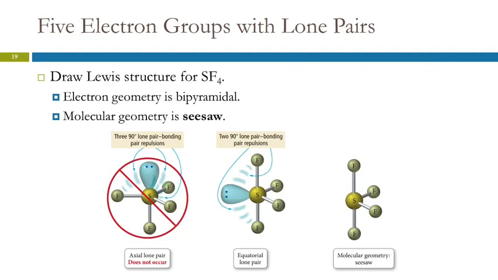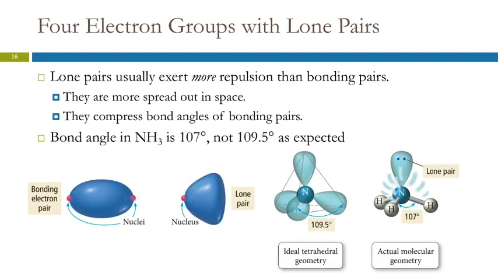Okay. So if we go back and look at this, this is a bonding pair, and this is a lone pair. The bonding pair gets pulled in at both ends, and so it's got more of a football shape. The lone pair is pulled in at the nucleus, but the other end is big and fat. And so when you put things like this and this together, this is going to take up more space.